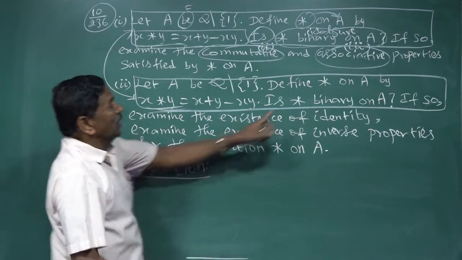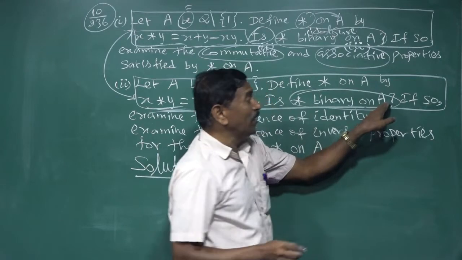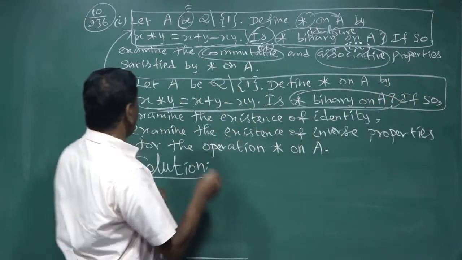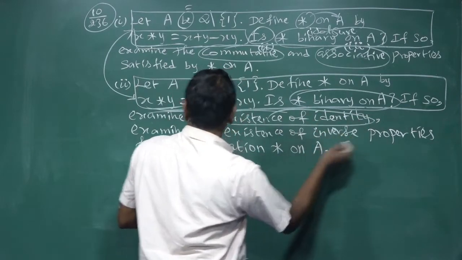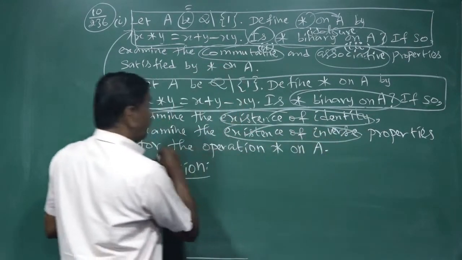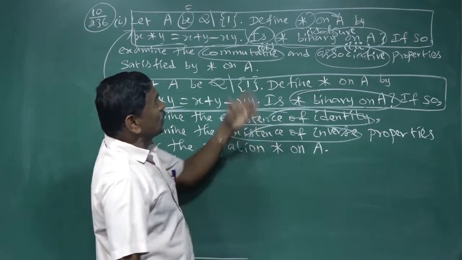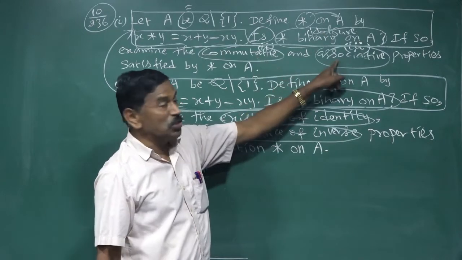Okay. If star is a binary operation on A, that is, if star is closed on A, then I want to examine the existence of identity and the existence of inverse properties for the operation star on A. So already three parts: closure axiom, commutative axiom, associative axiom.